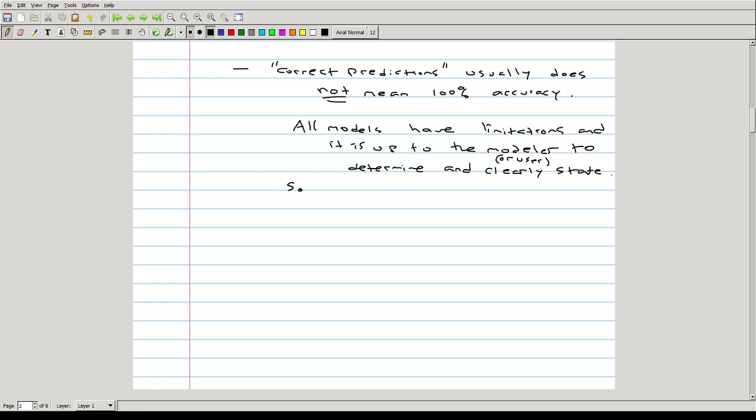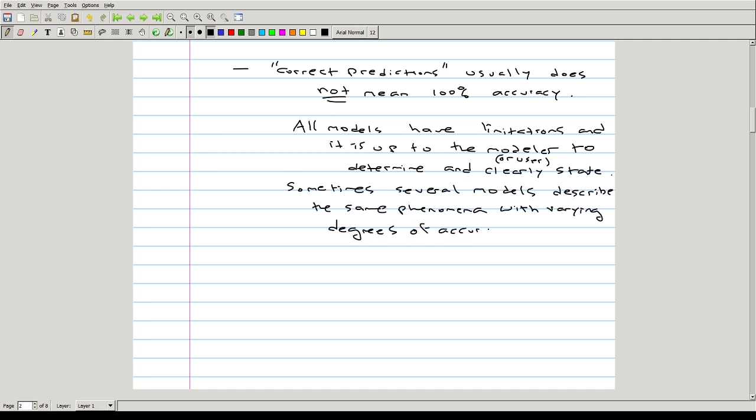The other thing that I want to point out when it comes to correct predictions is that sometimes several models describe the same phenomena with varying degrees of accuracy and complexity. Sometimes a model that is too complex may be a more accurate description of reality, but be very, very hard to apply.